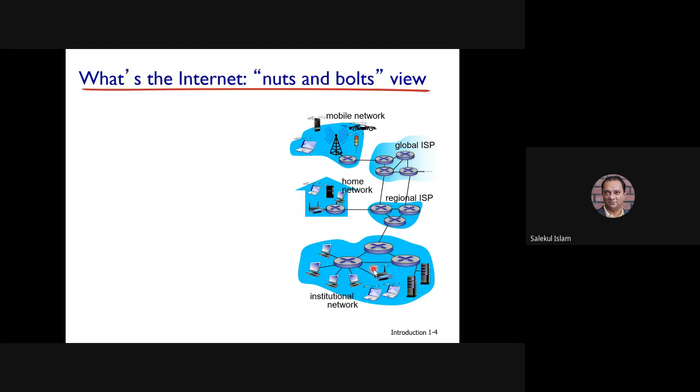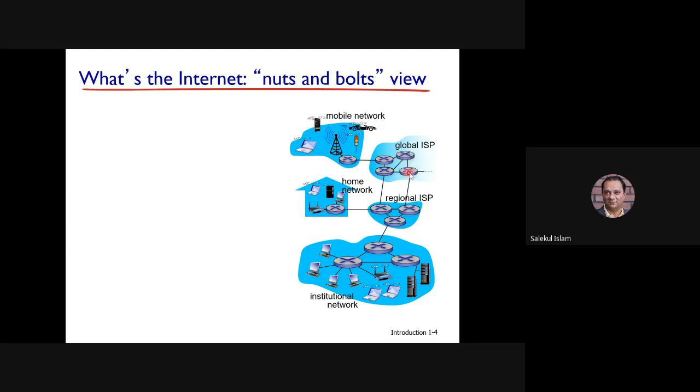So whenever we go to the internet, first we have to connect our device with some access network, maybe some switches or maybe through a wire. And then our home or institution network is connected with some ISP. You cannot escape that part. And that ISP will connect you to the global ISP.